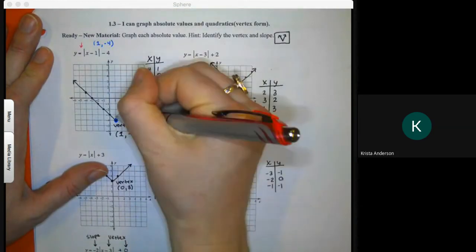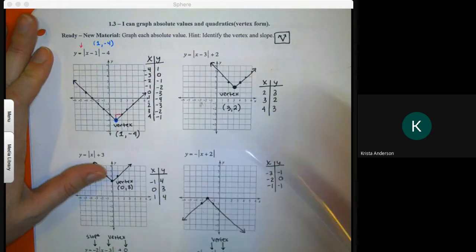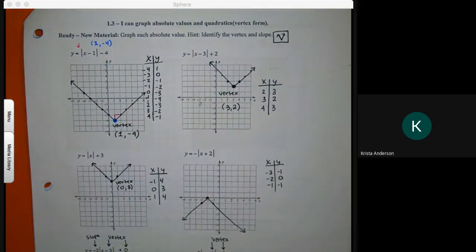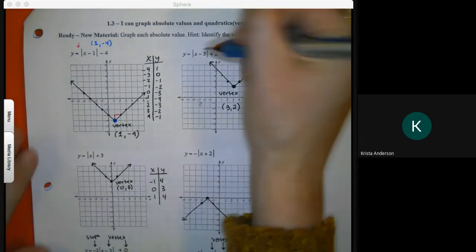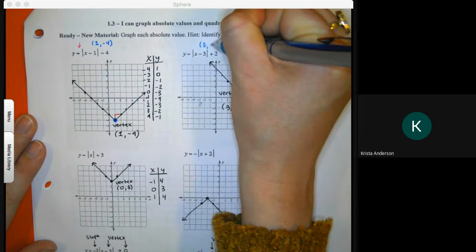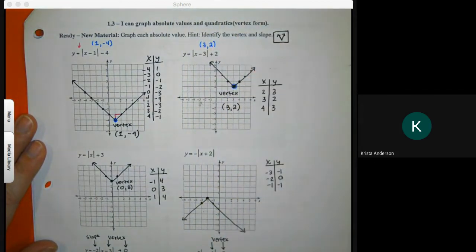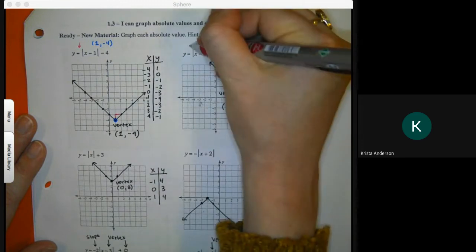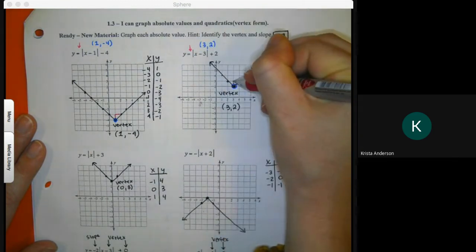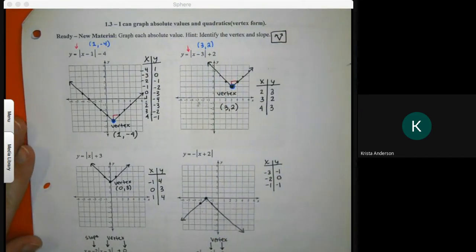It would just go up and over by 1. Oh, because it's just a 1, no number. Okay, I get it. So this one would be a +3, +2 for my vertex. Then because my slope has no number there, it's an up 1 over 1.